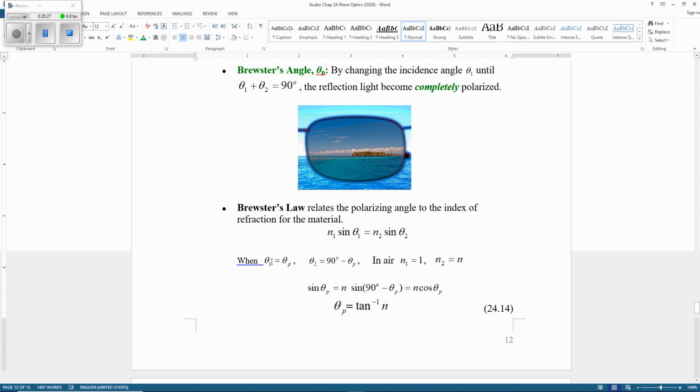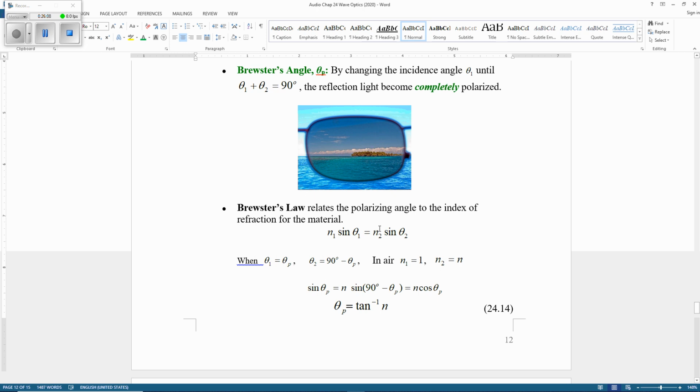If the incident angle equals Brewster's angle, then theta 2, by the definition here, equals 90 minus theta 1. Right now theta 1 equals Brewster's angle, so we have theta 2 equals 90 minus Brewster's angle. Also assume it's from air, so n1 equals 1. Then n2 we just call n.